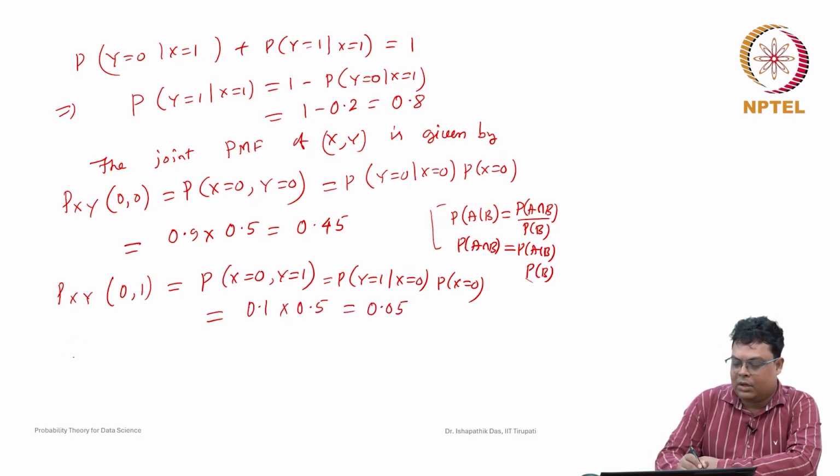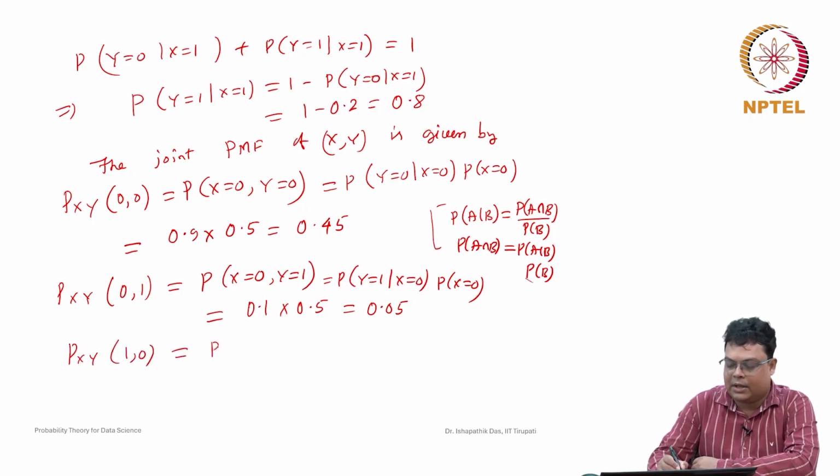Now, we will find the other probabilities similarly. Pxy of (1, 0) is the probability that x equal to 1, y equal to 0.